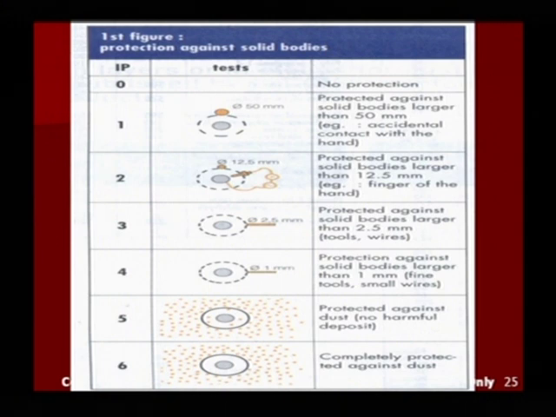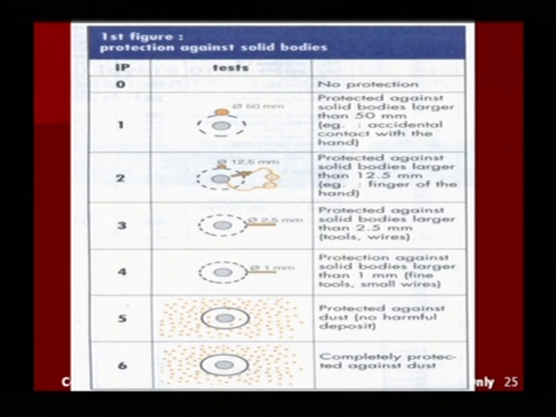So the first number is the protection against solid bodies. So here an IP5 would be protected against dust or no harmful deposits. Or an IP6 would be completely protected against dust. An IP3 would be protected against solid bodies larger than 2.5 millimeters, tools and wires and things of that nature.